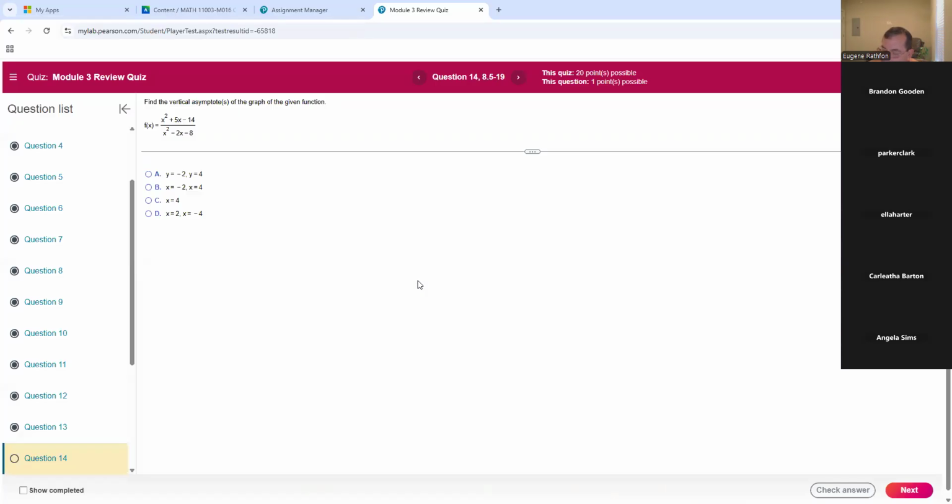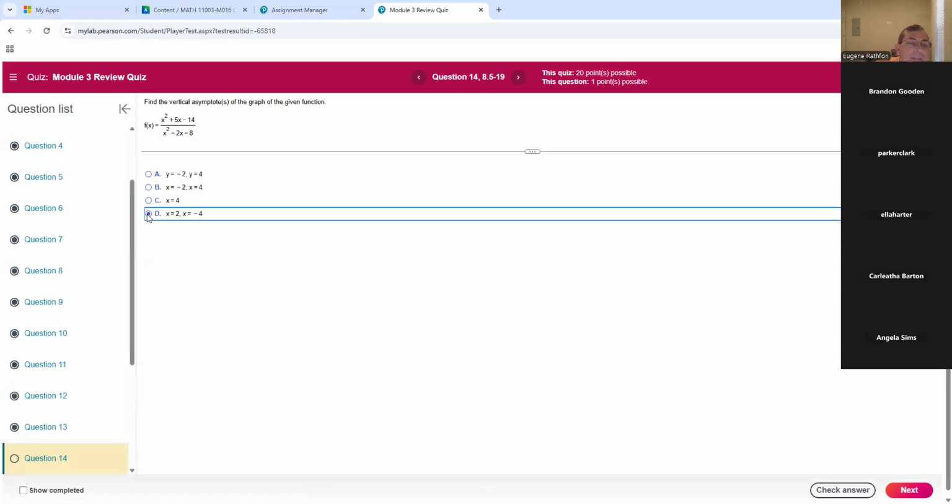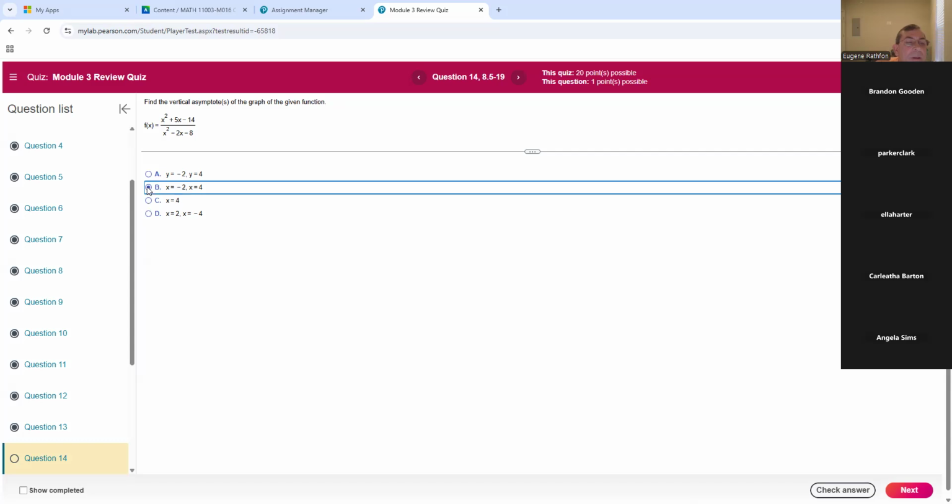All right, now watch out, they put a y in here. We don't want y. We need the ones with the x's. And I had a 4 and a negative 2. I need B here, don't I? So they put the right answer on A, but they used the wrong variable. Ours is x's, okay? So x was negative 2 and x was 4.